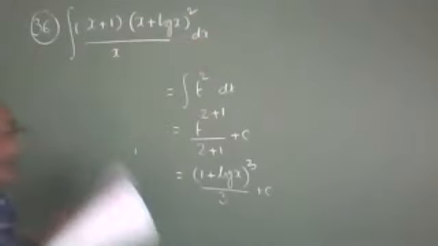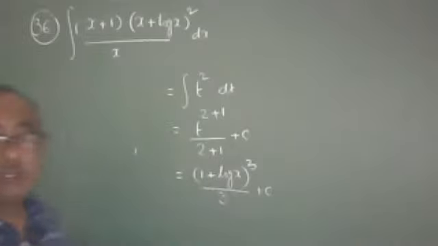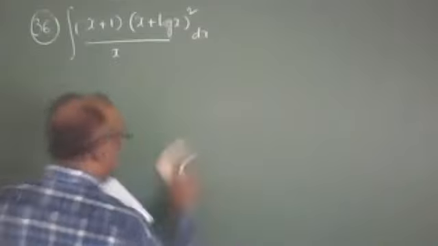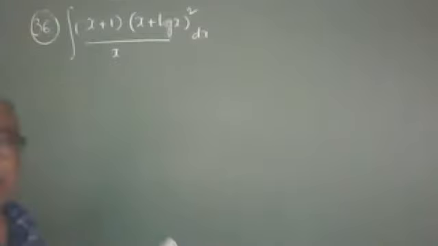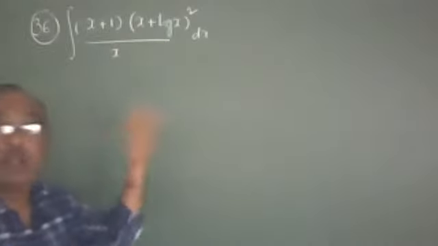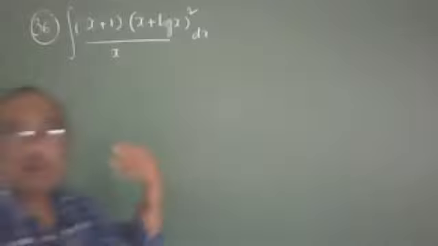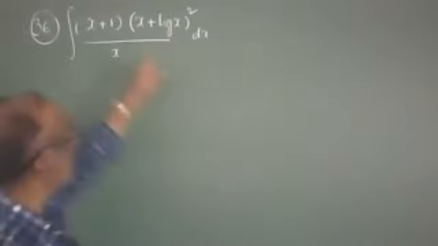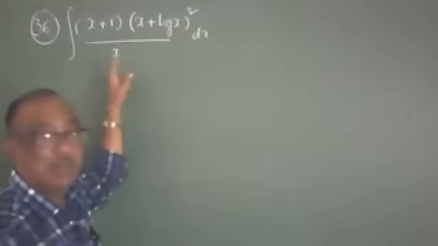Everyone observe. Here, the derivative of log x is 1 by x. That's why I will let log x be t, sir. What about the x functions? So log x, we are going to let it be t.